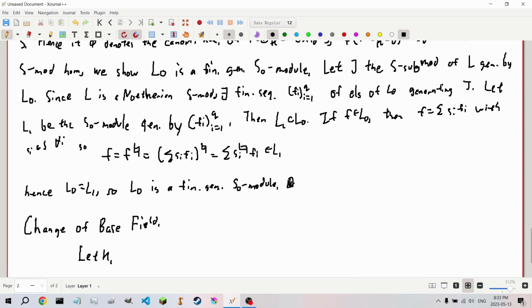Let K1 be a commutative extension of K. For Lie algebra G over K, let's reword this.